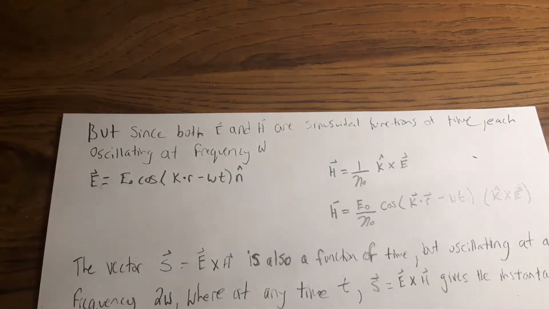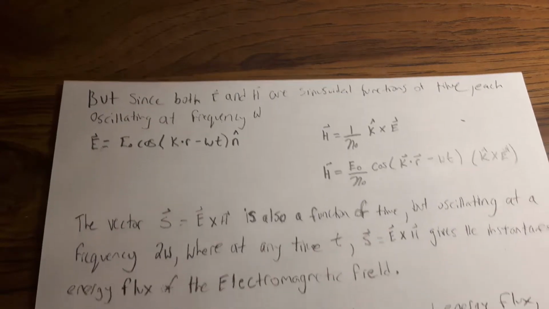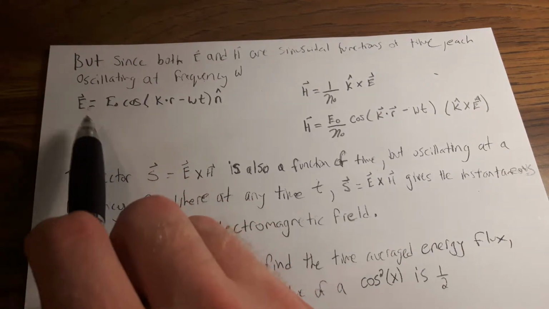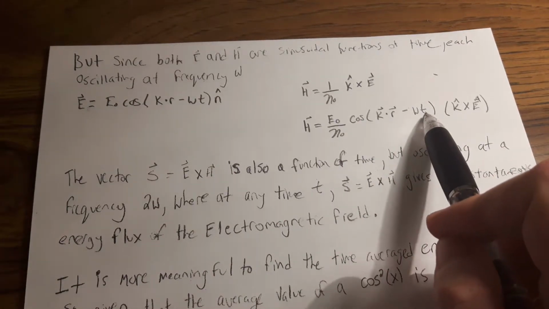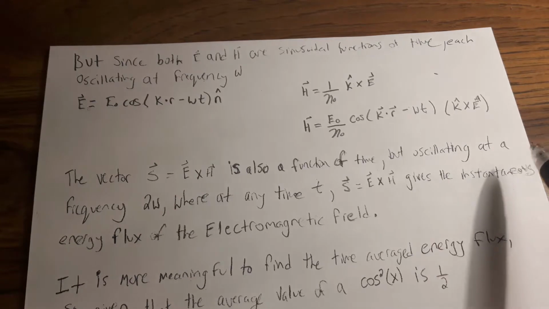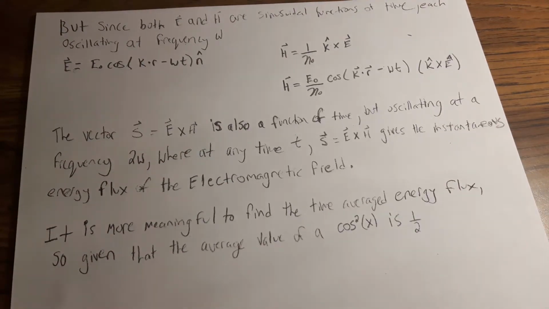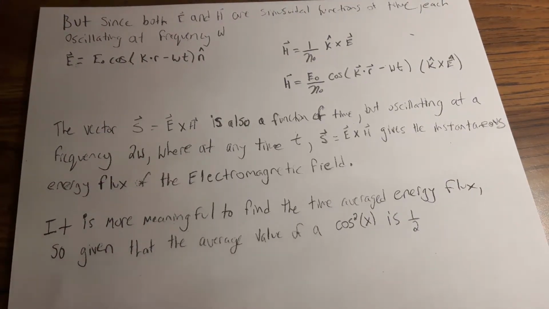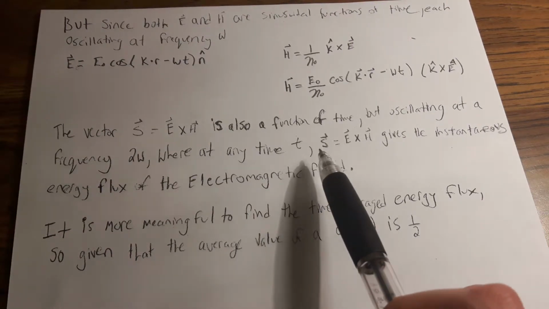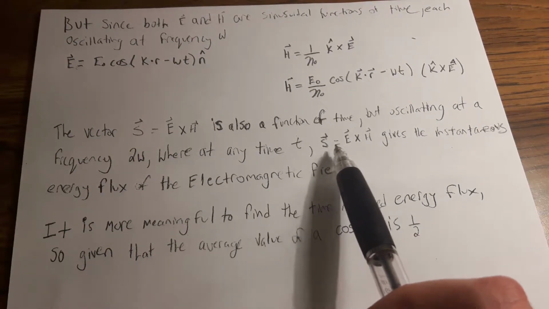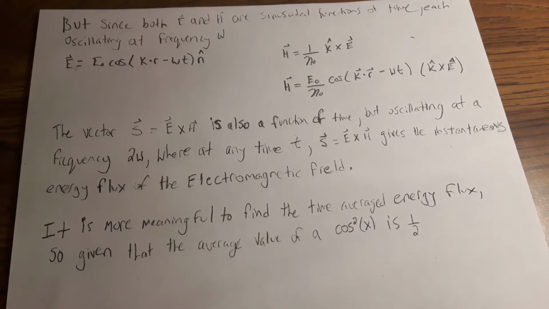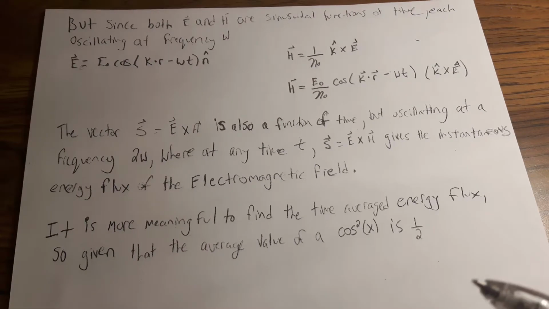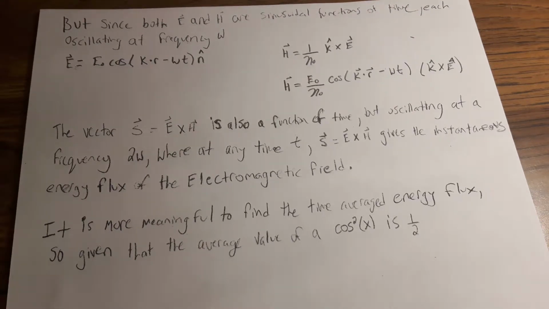The vector S is also a function of time, because by multiplying both of these together, we are still a function of time. And in fact, that function oscillates with a frequency of 2 omega, where at any time t, the instantaneous power can be found by E cross H. But because these fields are oscillating, it is more meaningful to find the time-averaged energy flux.